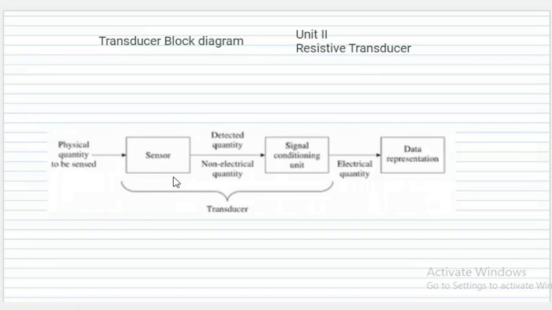In general, this unit does the job of transforming intermediate quantity into measurable electrical quantity.